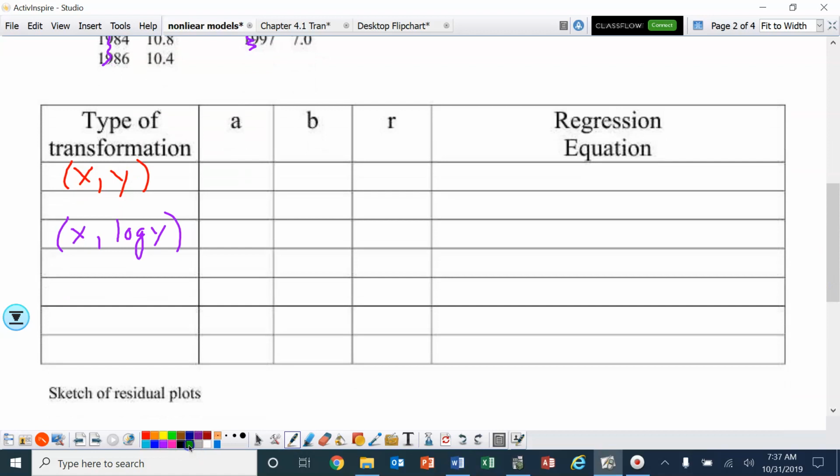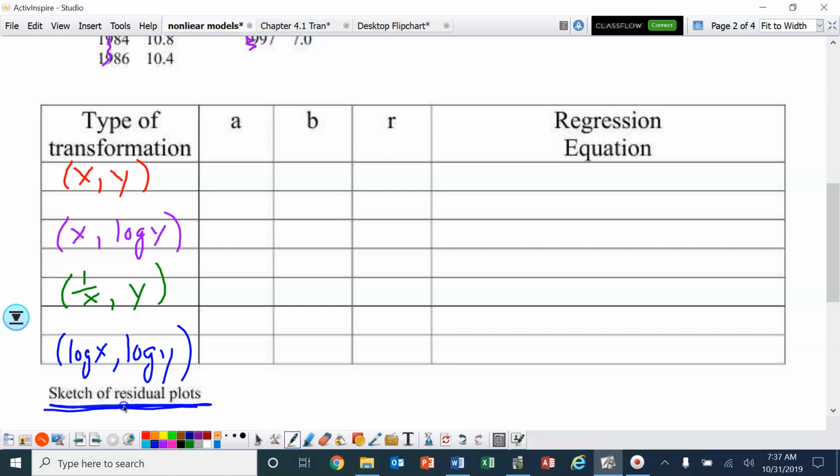Then you're going to want to do the reciprocal, so 1 over x, y. And you're going to want to do the log x log y.